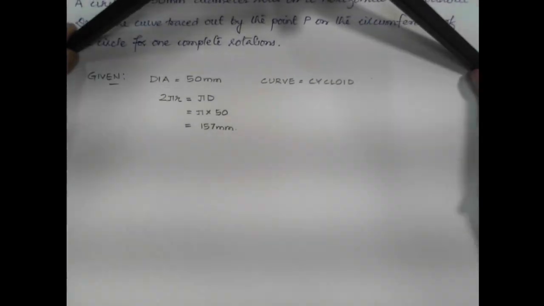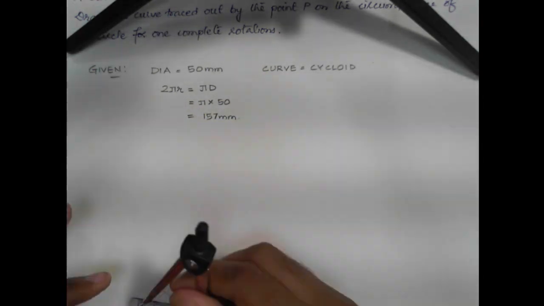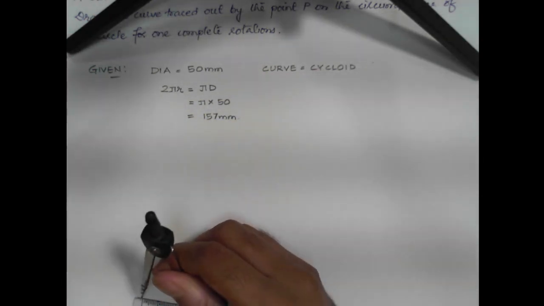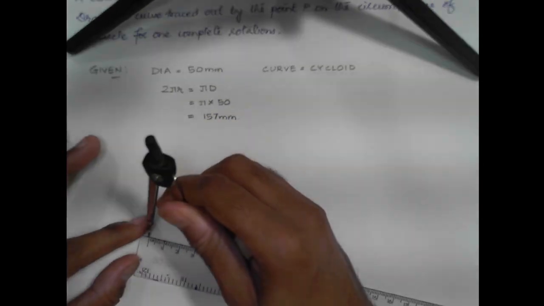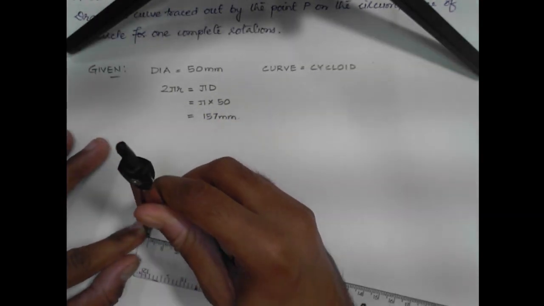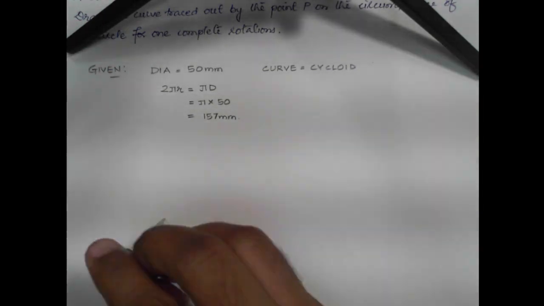Always keep your sketchbook in the landscape condition for such kind of drawing, so that you can have a clear drawing. So you take diameter 50 mm, so the radius will be 25 mm. Take radius 25 mm and draw a circle like this.